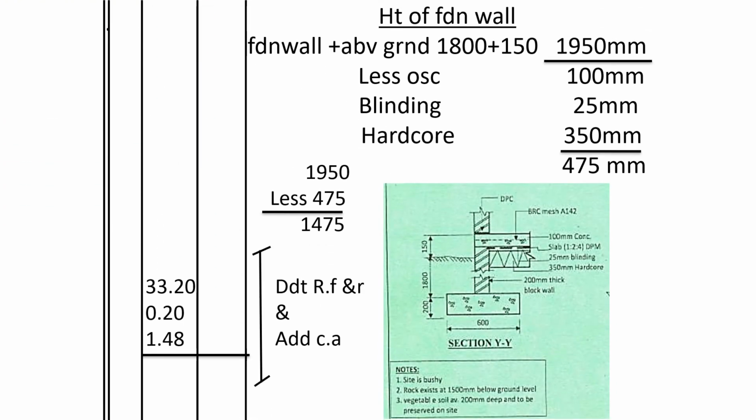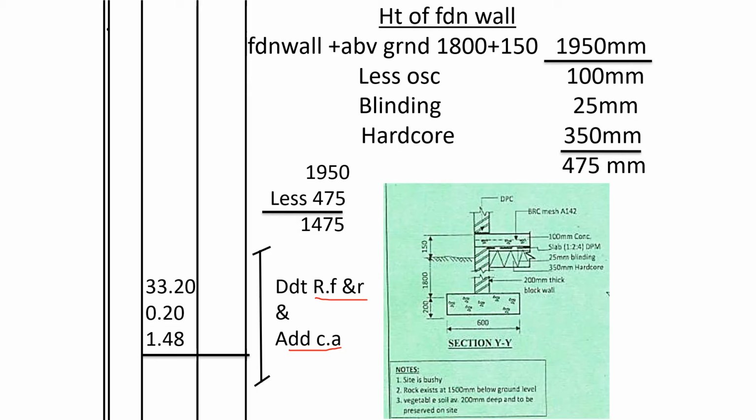For the foundation wall that we have constructed, we need to reduce the volume of those stones from the refill and ram, the soil that we were using to return, and add to cutaway. We need to dispose of it away from the site.